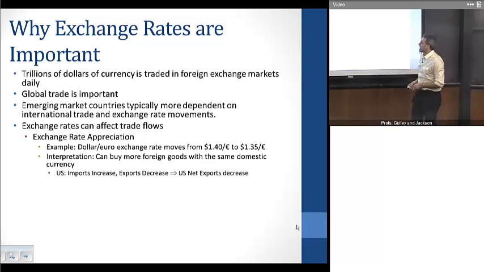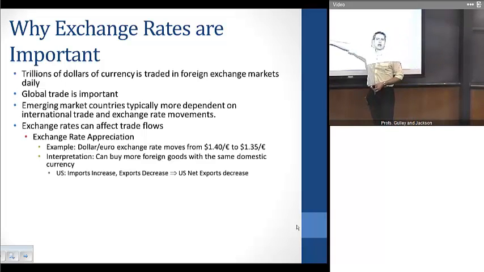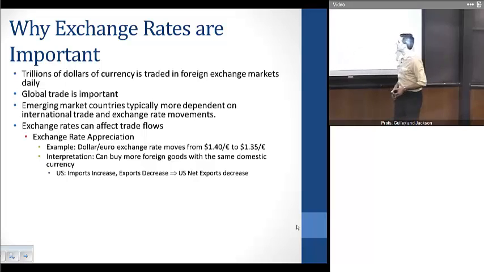And so what is going to happen in that case is because we can buy more foreign goods because of this exchange rate movement, we're going to be able to increase the amount of imports in our domestic economy. So we're buying more foreign goods. And the flip side of that is that our goods become more expensive to other countries. And so as a result, the amount of exports that we have goes down. So when we put both of those things together, what that means is that our net exports are going to go down. They're going to decrease.